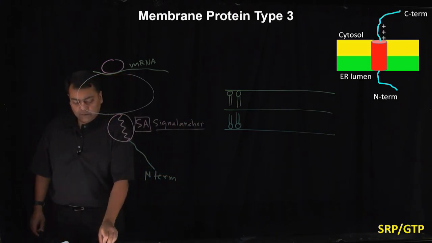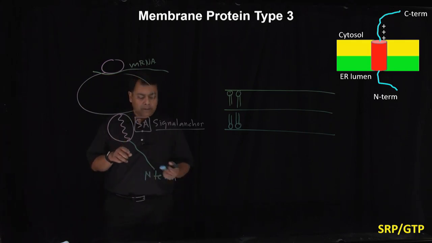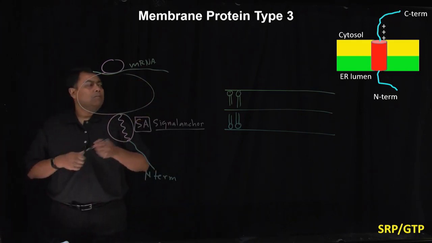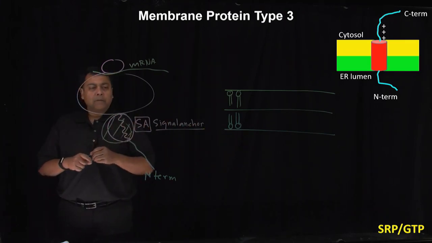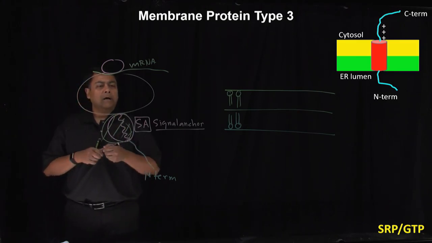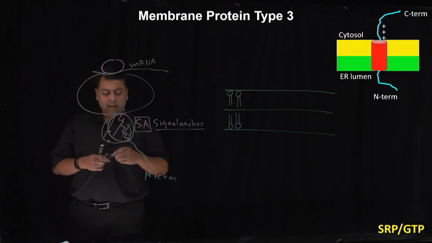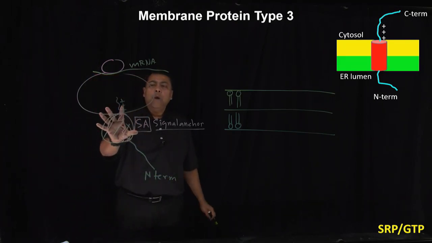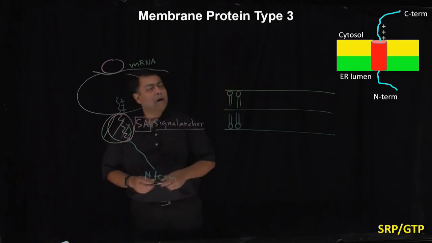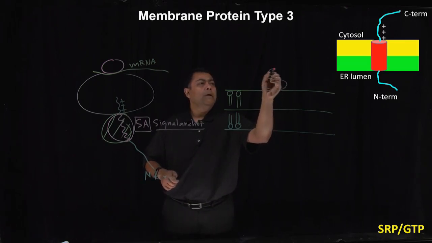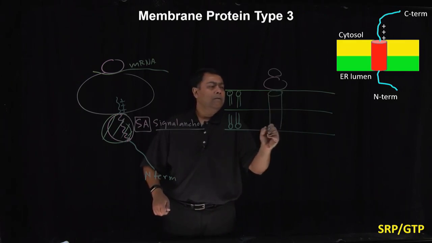So the signal anchor sequence will appear, and as soon as it appears, again the SRP is going to come over and bind onto that, and that will bind in here. This will be followed by a sequence which is plus charged right here. So when this entire portion comes onto the ER membrane, you have the ribosome sitting right here, and you have the translocon right here.